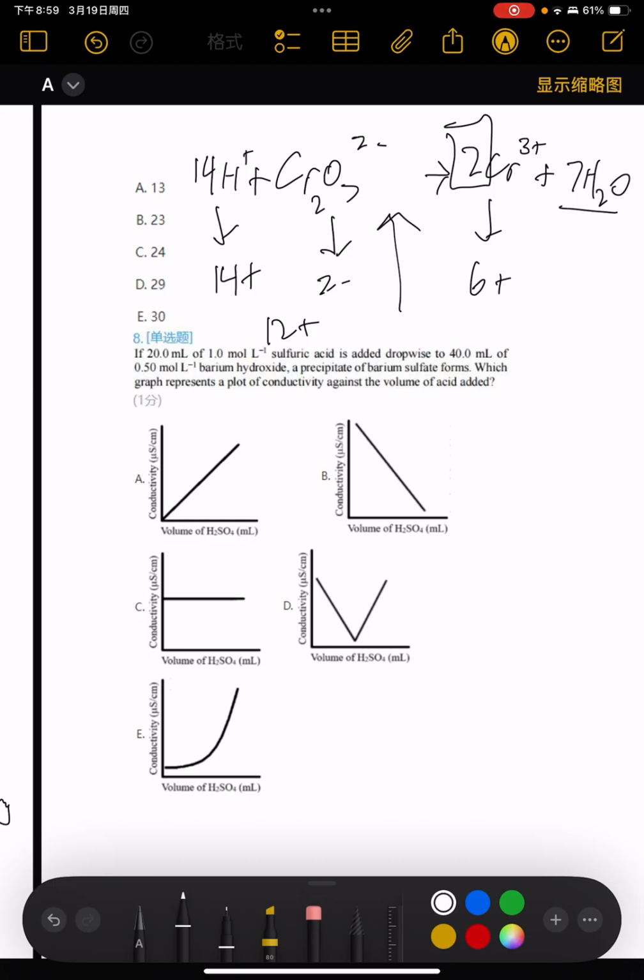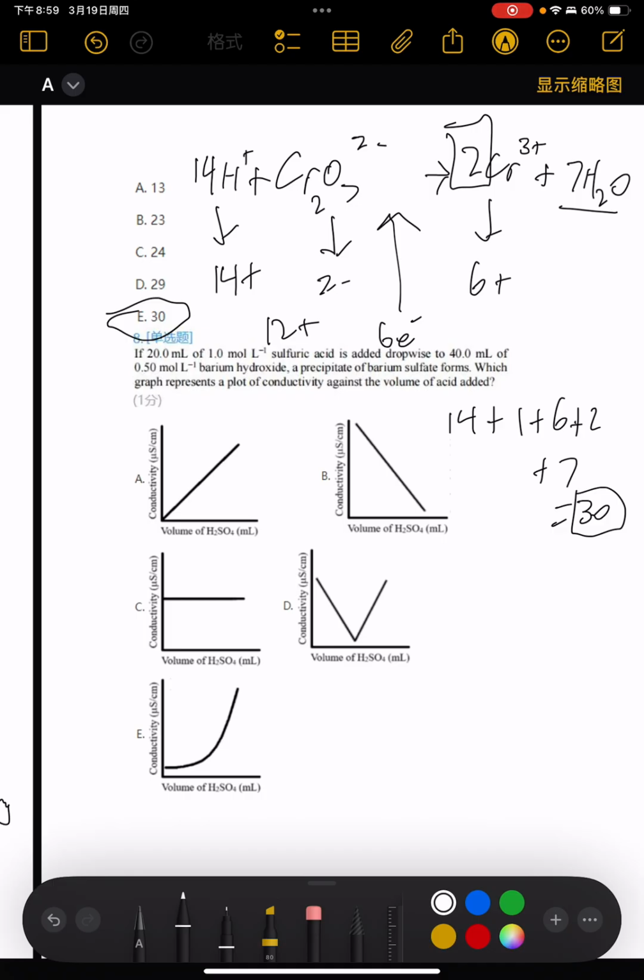So we also have to insert 6e minus. So over here, there's 14 plus 1 plus 6 plus, sorry, plus 2, plus 7, which equals a total of 30, or E.